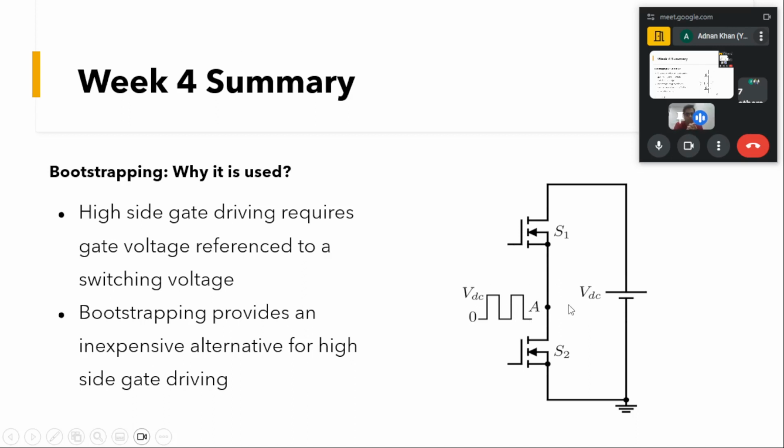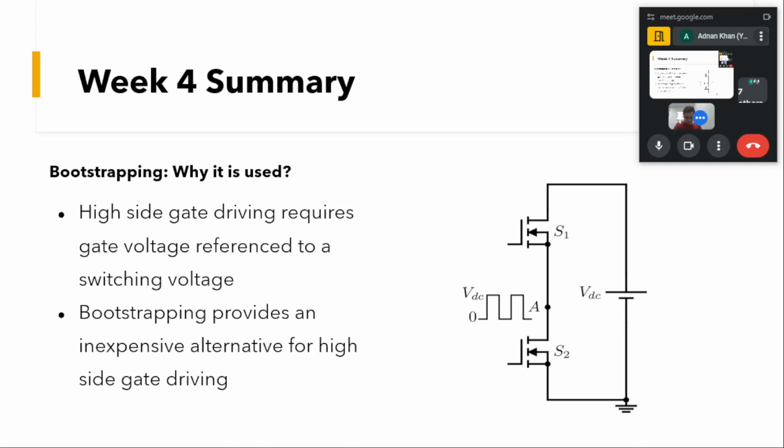But at that time itself, I told you that is an expensive way of doing this. And I had also told you that a cheaper, economical way to do it is by having the bootstrap circuitry. So we shall see how this bootstrap is implemented.